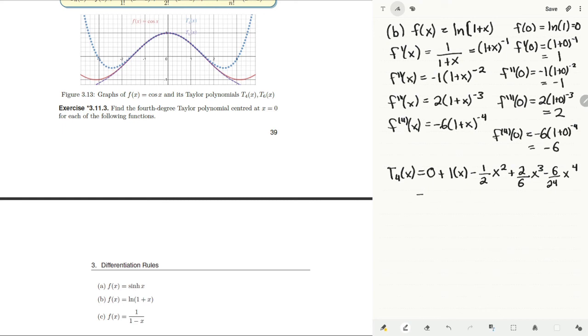And so simplifying, we end up with x minus 1/2 x squared plus 1/3 times x cubed minus 1 over 4 times x to the power of 4.